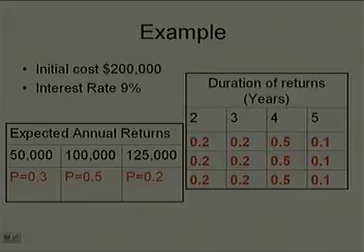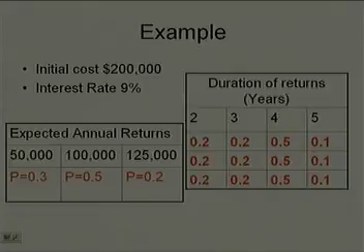Now, the expected annual returns is 50,000 with a probability value of 0.3, 100,000 with a probability value of 0.5, and 125,000 with a probability value of 0.2. Now, the duration of returns, it could be 2 years, 3 years, 4 years, and 5 years. Right?